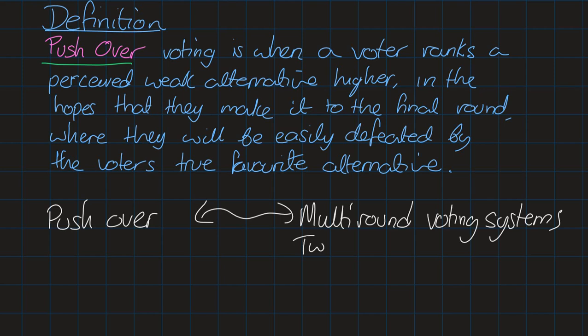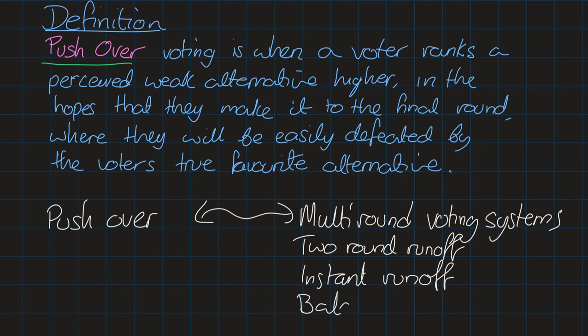For example, there's the 2-round runoff, the instant runoff, and the Baldwin. So if you see any of these, you should maybe think pushover. It's not the only thing that they're susceptible to, but it's the thing which they're perhaps most susceptible to.